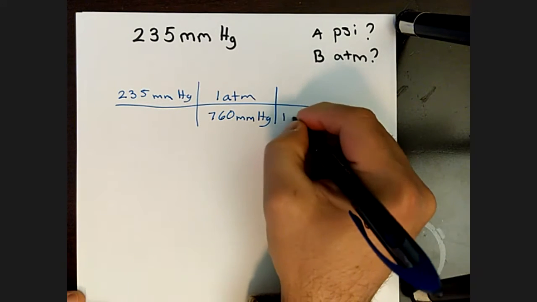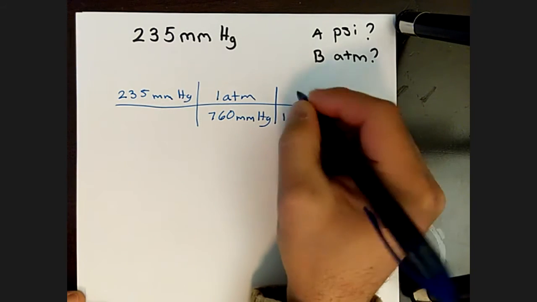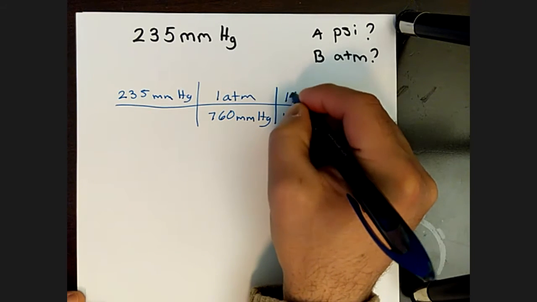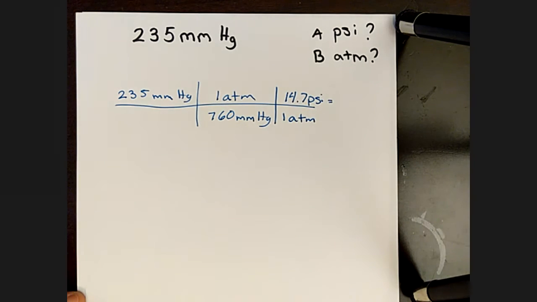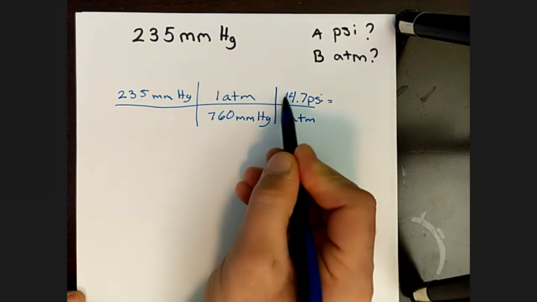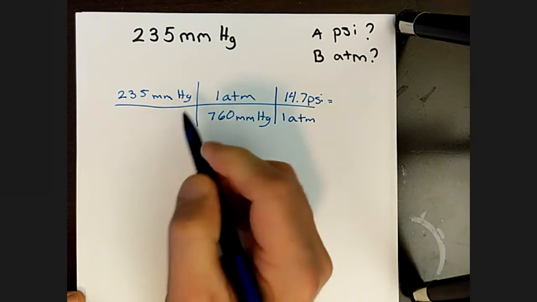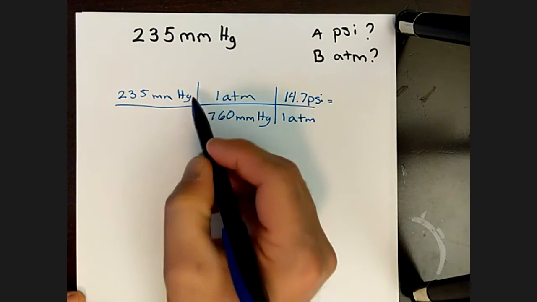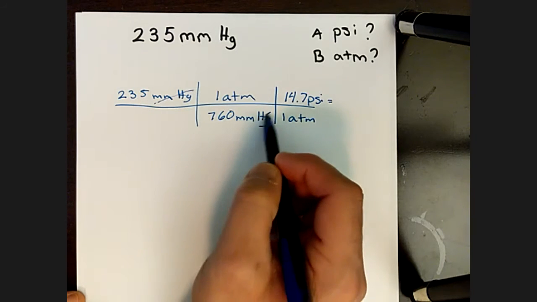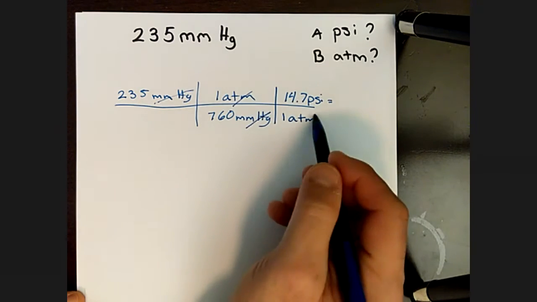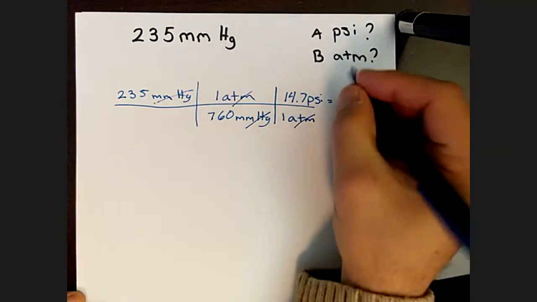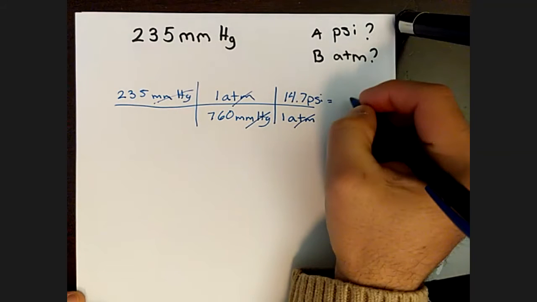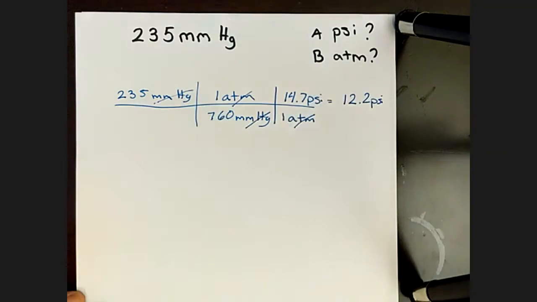And then in one ATM, there's 14.7 PSI. This allows you to multiply all your units on the top, divide by all your units on the bottom. Setting them opposite one another will eliminate the extraneous units, leaving you with only one unit at the end. And you end up here with about 12.2 PSI.